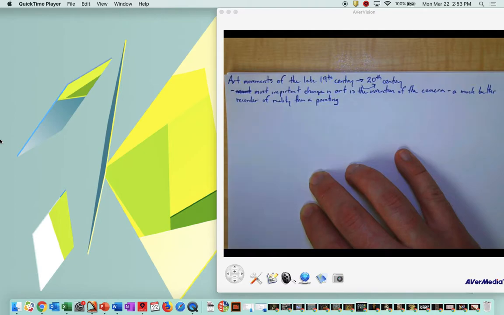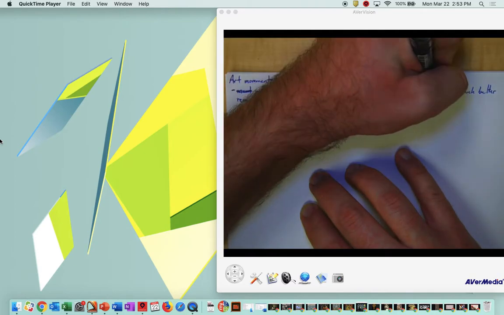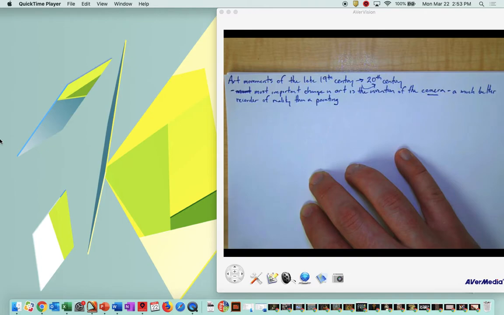And so artists leave the recording of reality to photographers, and painting is going to become a more expressive art form.